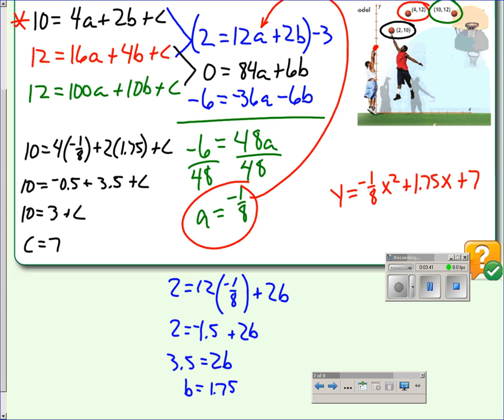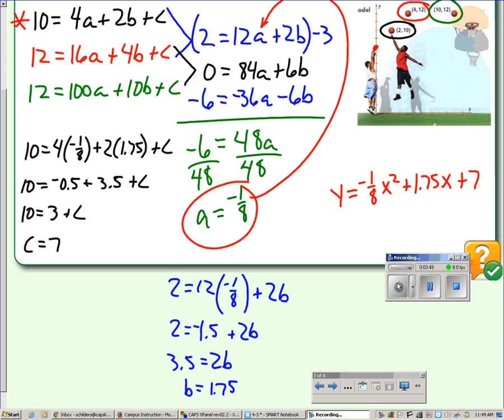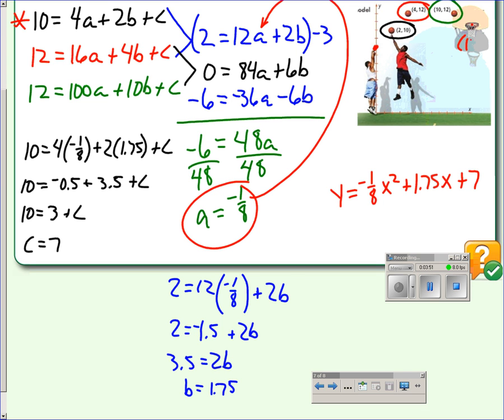Now we want to know, will the ball go in the hoop? So we have to estimate what is the x value here for the hoop. The center of the hoop is at the coordinate (12, 10). So if we substitute 12 into our equation and see if it equals 10, then we can estimate if the ball will go in.